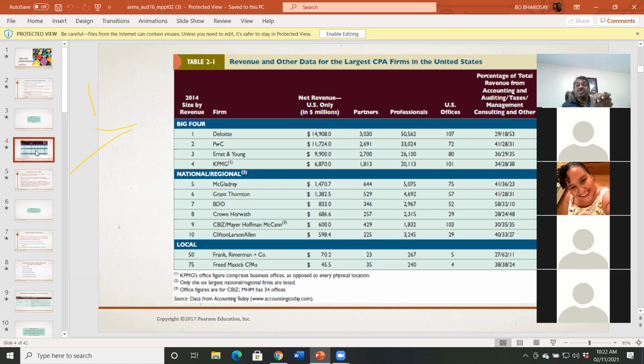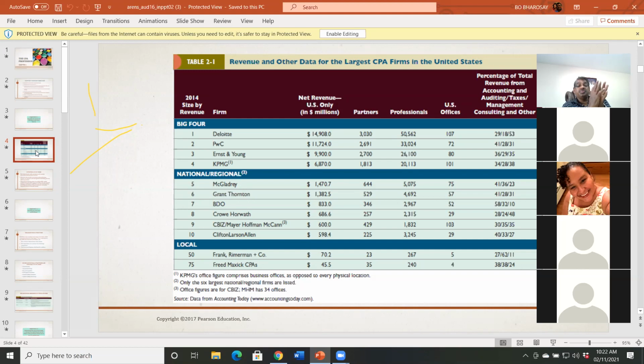If you look at PwC, they're a little different structure. 41% come from accounting and auditing, 28% come from taxes, and 31% come from management advisory services. So the bigger firms have a larger portion of their revenue coming from accounting and auditing services.